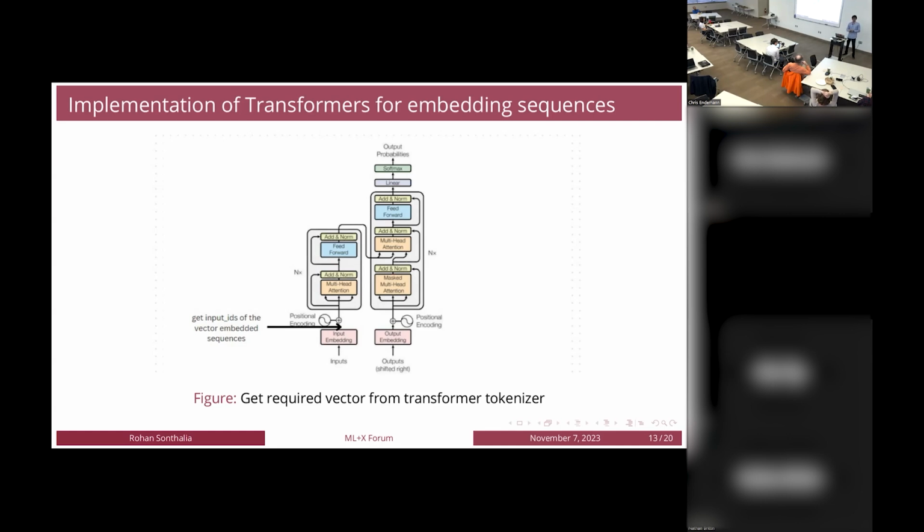Not exactly, because a transformer will only work if you give it the input IDs of its own tokenizer. If we put in our own data without tokenizing it through the transformer, it doesn't really make sense. So even if you do have word vectors, you're going to have to go through the tokenizer. Does that make sense?